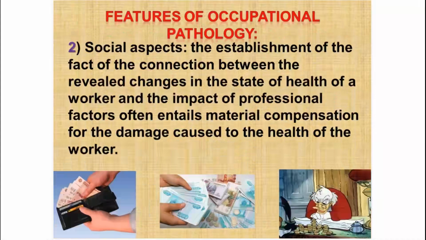The establishment of the fact of the connection between the revealed changes in the state of health of worker and the impact of professional factors often entails material compensation for the damage caused to the health of the worker.